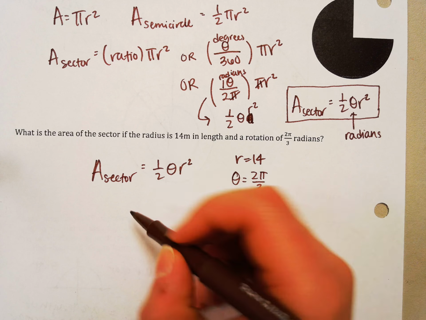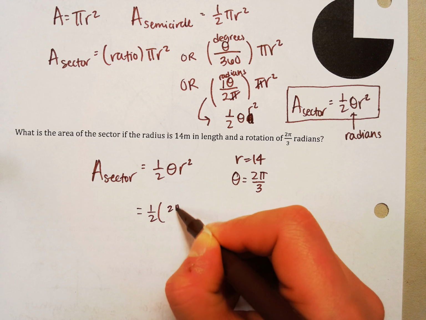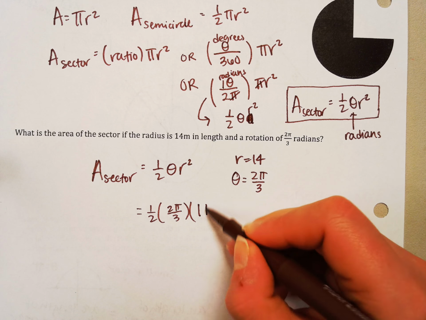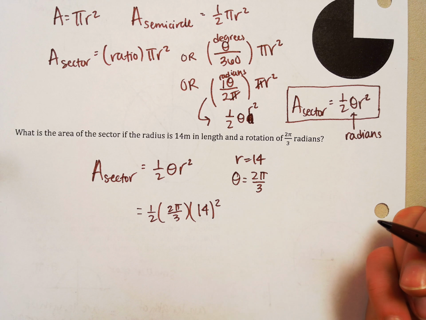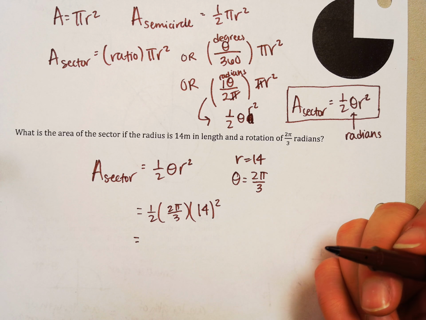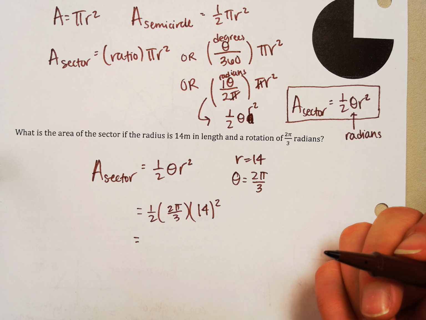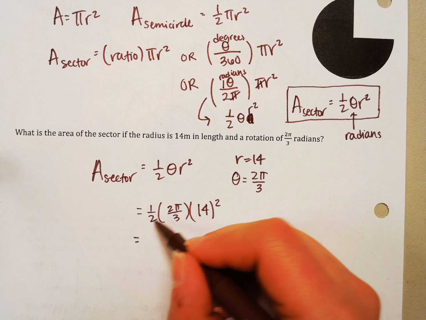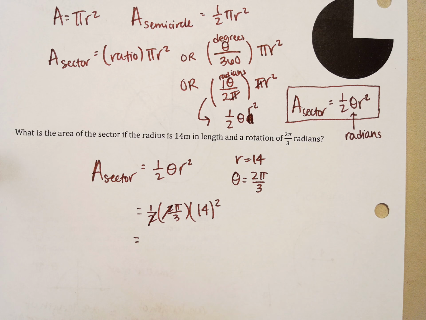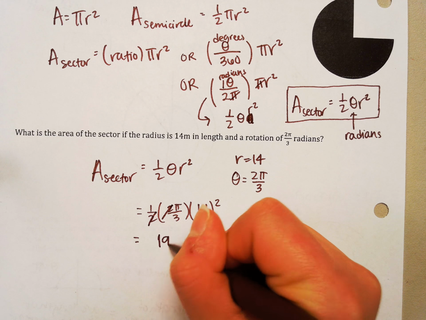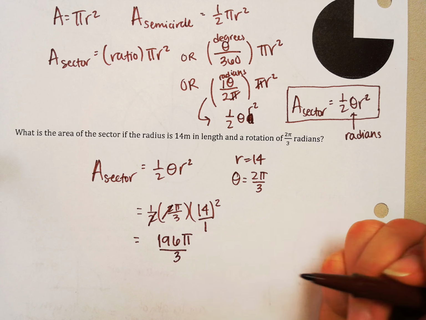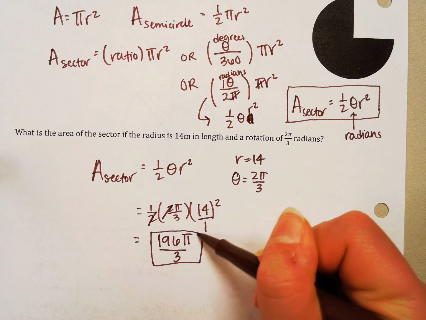So that's going to go into our formula here, 2 pi over 3, and then our radius is 14 squared. For this one, we're just going to leave pi in our answer, so the 2's cancel out. 14 squared is 196, so I'll have 196 on the top, a pi in the top, and 3 on the bottom. So this would be my area of the sector.